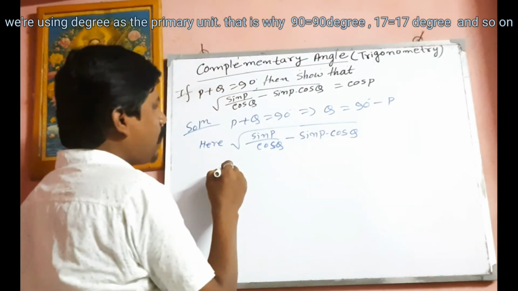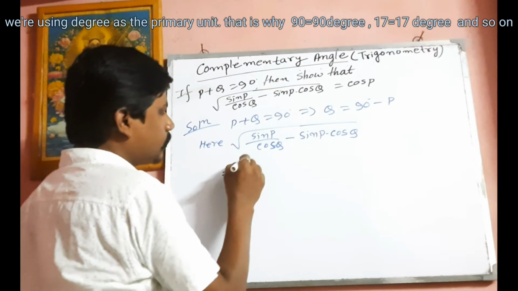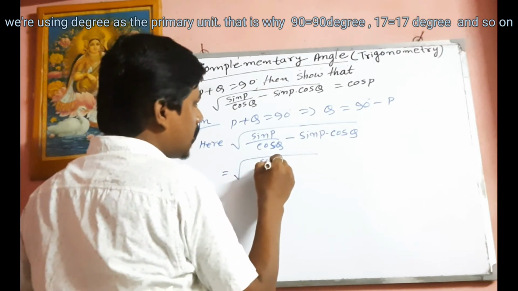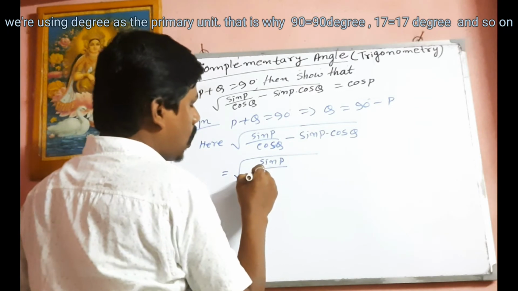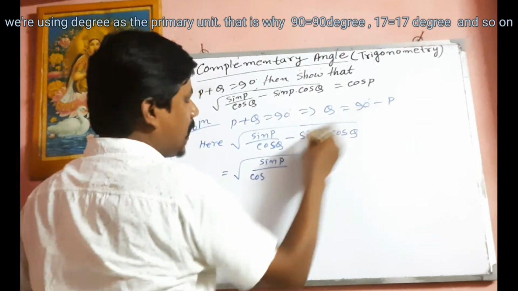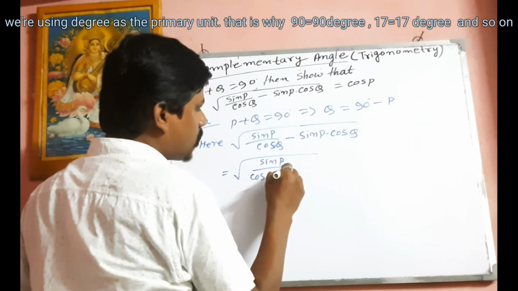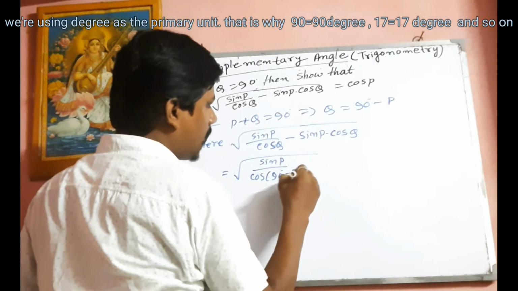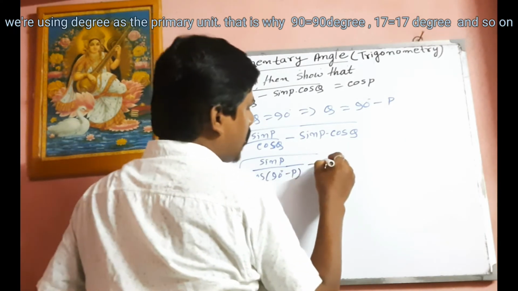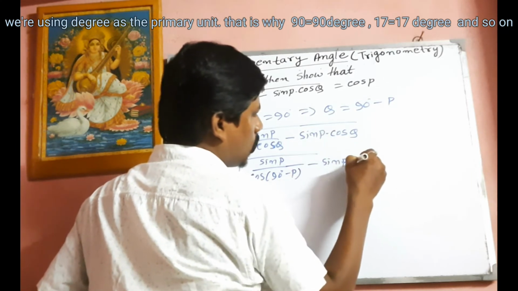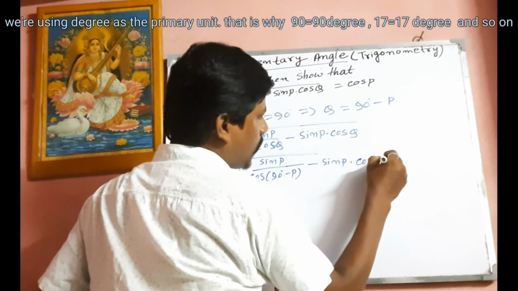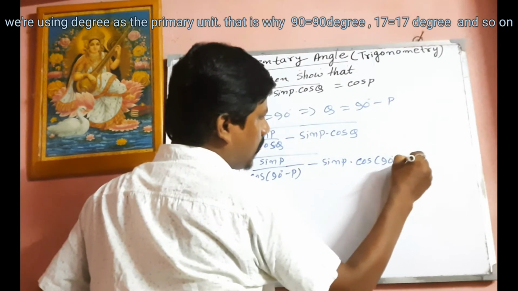Now we are putting the value of q. sin p cos(90° − p) minus sin p into cos(90° − p).